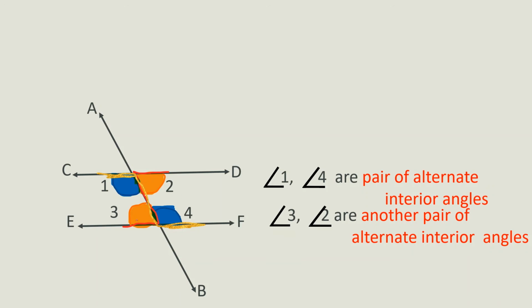Angle 2 and angle 3 are another pair of alternate interior angles because they are both inside the parallel lines and on the opposite side of the transversal line. And they also form a Z shape if you start from 2 and 3.